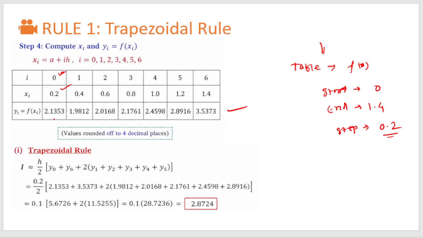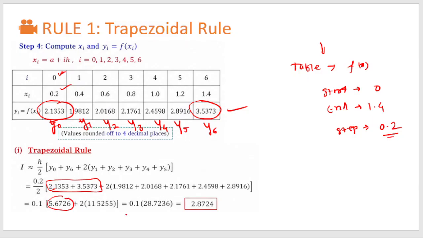Okay, now these are the values rounded to 4 decimal places, right? So here this is your y0, this is y1, y2, y3, y4, y5, and y6. If you add y0 and y6, you will get X, right? So here the addition of these two is your X. h is 0.2 divided by 2.